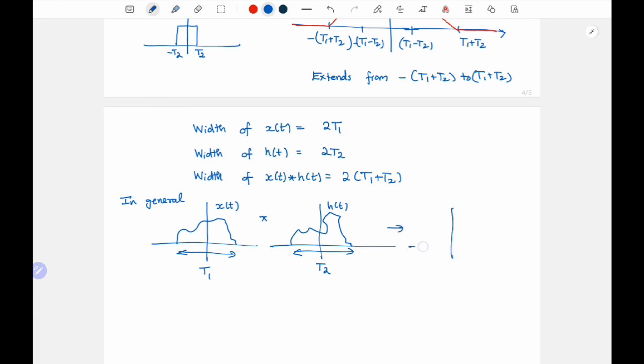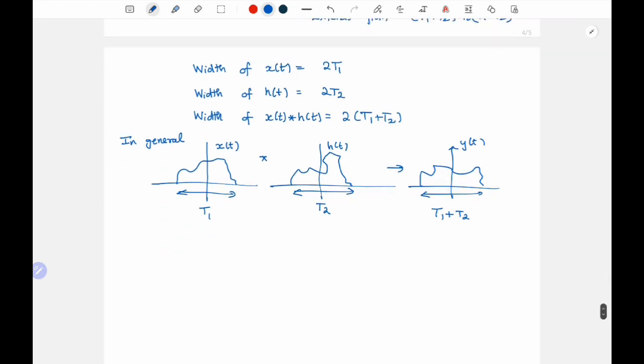Then the resulting signal y of t's width will be t1 plus t2. You can also obtain this mathematically from the convolution definition, integral from minus infinity to infinity of x of tau h of t minus tau d tau. You can see that when we define it like this, the overlapping function will exist only when t1 and t2 are actually present.